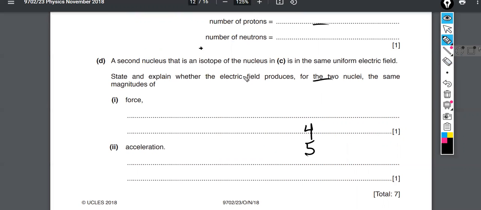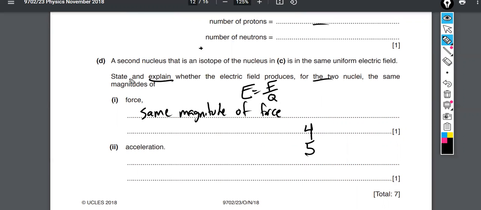So the ideas that we need to connect here are that an electric field is the force per unit charge. Because the isotope has no more charge, it's not going to experience any greater force. The force is going to be the same. Okay? State and explain whether the field produces for the 2 nuclei the same magnitudes of force, and here the statement would be the same magnitude of force.